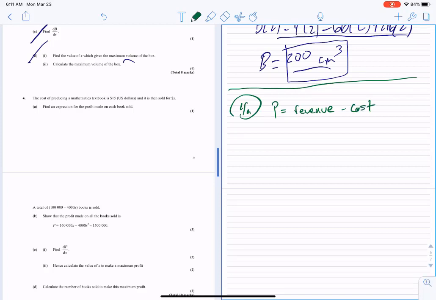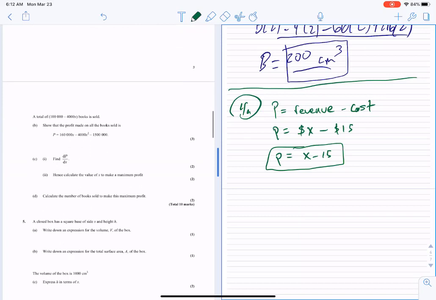That's called profit, okay? Your revenue is going to be x dollars per book, and your cost is going to be $15 per book. That's what you're taking away from that. That's your profit for each book. So you could write this as x minus 15, honestly. And that's in dollars, okay? That's your expression for this, not much to it.